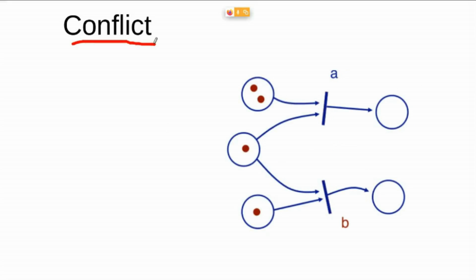What's the conflict? Well, the problem is that here I need 1 token in here, 1 token in here, 1 token in here, and 1 token in here. And we have 2 different processes. Okay, as you can see, we have 2 different events, 2 different transitions.